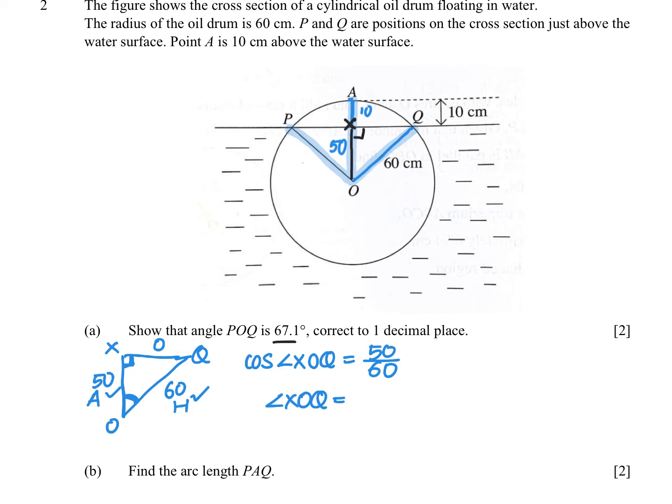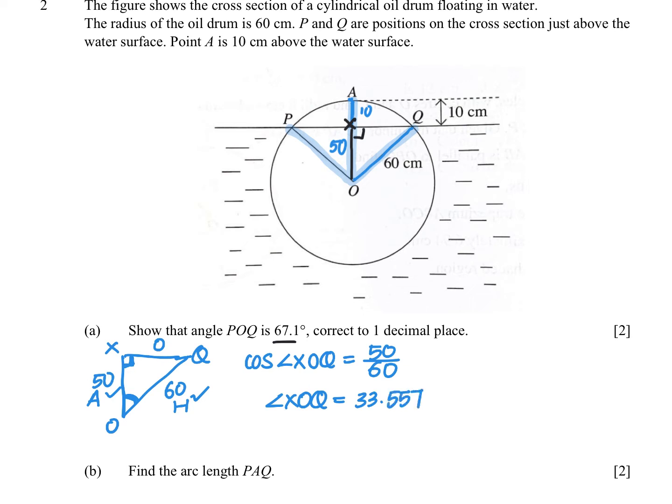Now nothing is stated to be radians, so we just happily use our degree mode. Cosine inverse of 50 over 60, and I get my answer to be 33.557.